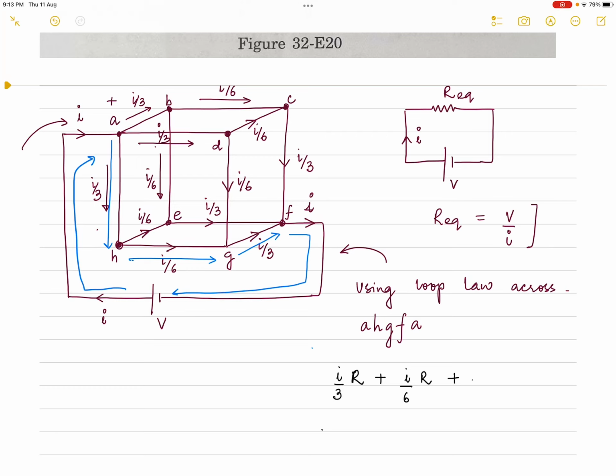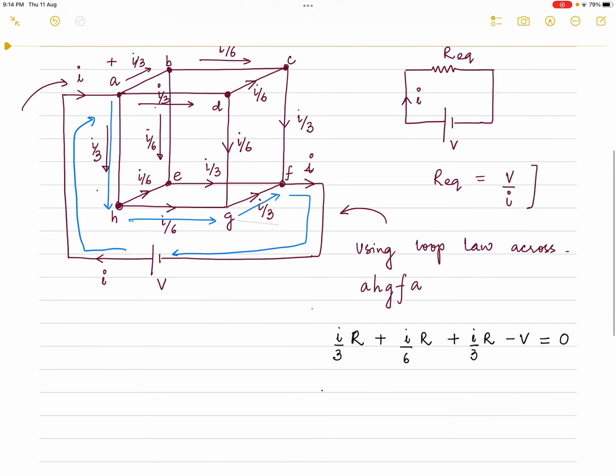Across GF, we have a current I by 3 across a resistance R. From F, when we move clockwise back to the point A, we have a battery whose negative terminal comes first. So, we will have minus V and then back to the point A. So, this should be equal to 0. This is using the loop law across this loop.